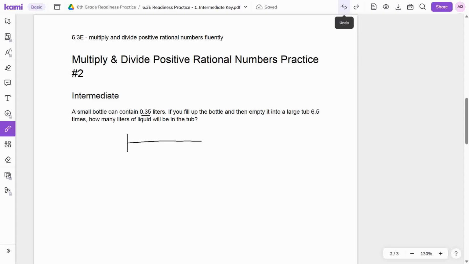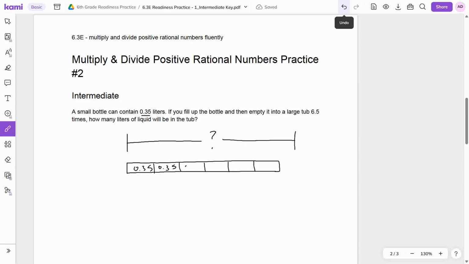Actually, what we want to do is figure out how much we're going to put into that tub. So what we're going to do is imagine each of these boxes is a small bottle. So there's my 6 times 0.35.